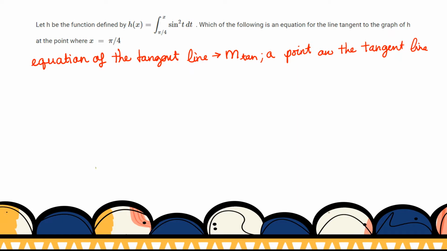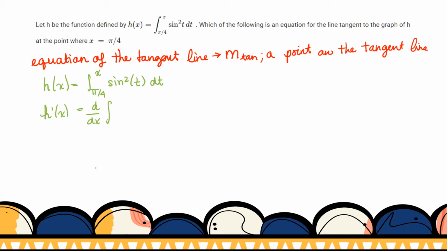So h of x is equal to the integral from pi over 4 to x of sine squared t dt. The Fundamental Theorem of Calculus part 1 tells us that if we take the derivative of both sides, the derivative of h is the derivative of the integral.